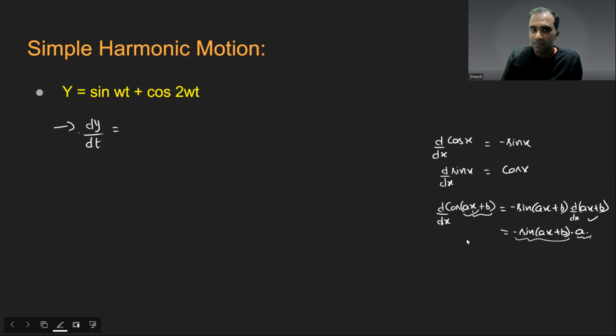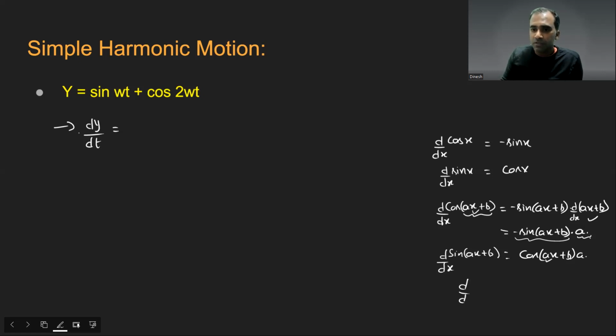Simple. Sir, it is not SHM, sir. Very good, Rahari. Very good. Similarly, sine of ax plus b, this cos of ax plus b. That constant, you just write it out. As simple as that.